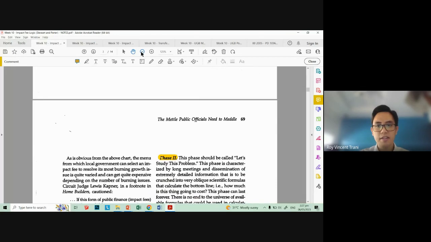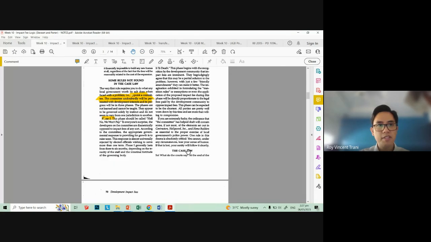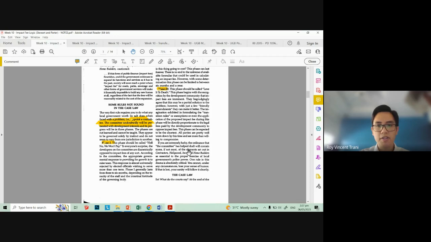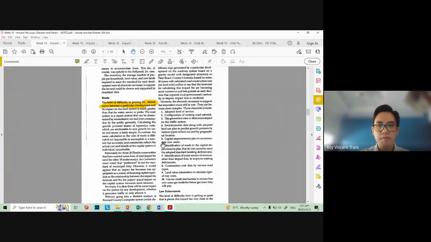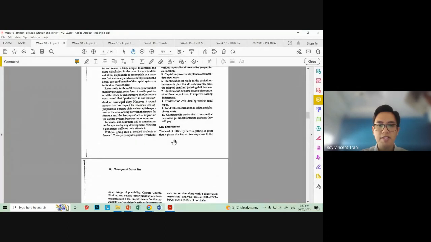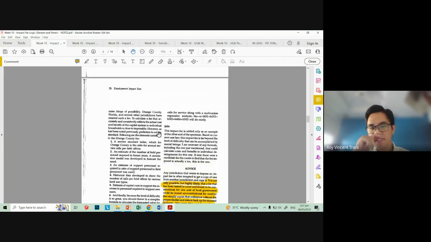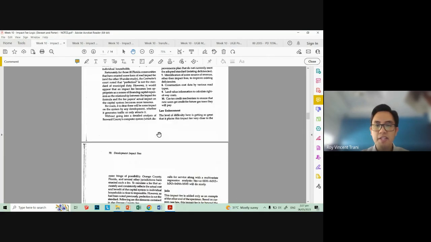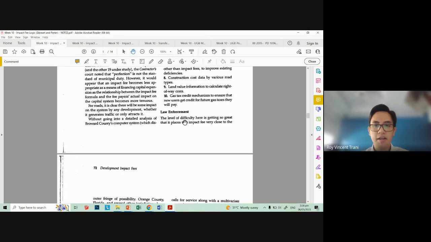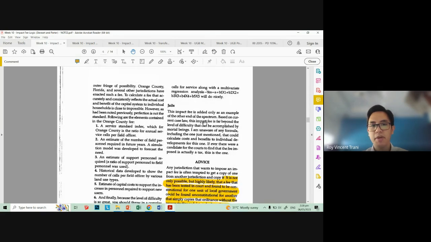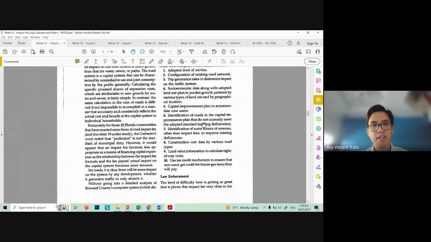Our reference here by Stewart and Porter includes water and sewer impact fees, descriptions for park impact fees, road impact fees, law enforcement, and jails. So maybe law enforcement, for me in Cebu, isn't so bad yet, but in your local area you might experience something different.